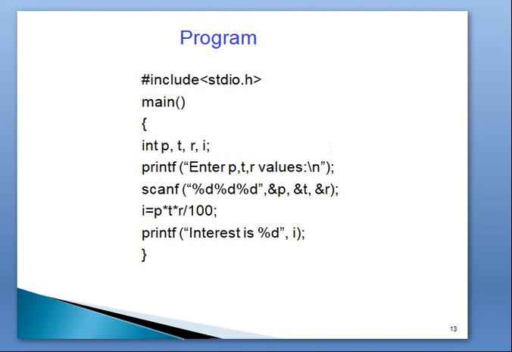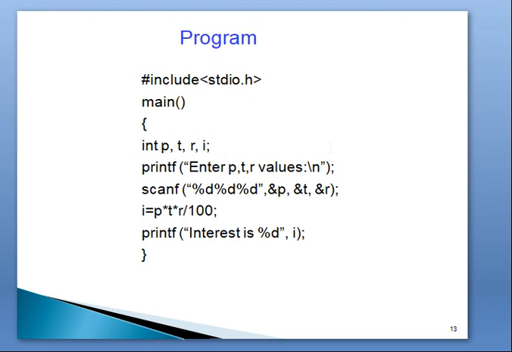amount, time, rate. After this printf, we wrote the scanf function. In this scanf function, observe, in the previous example, in a single scanf function we used one percentage %d conversion character, only one conversion character and only one argument. Now in this scanf function we wrote three conversion characters, that are percentage %d, percentage %d, percentage %d.